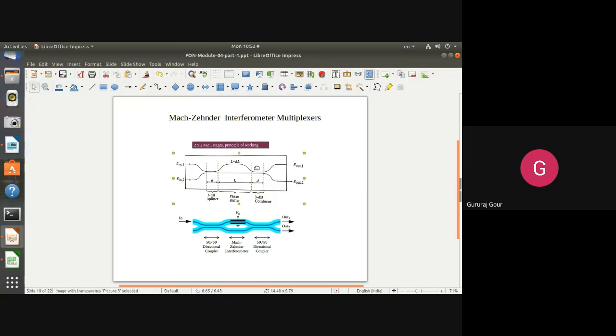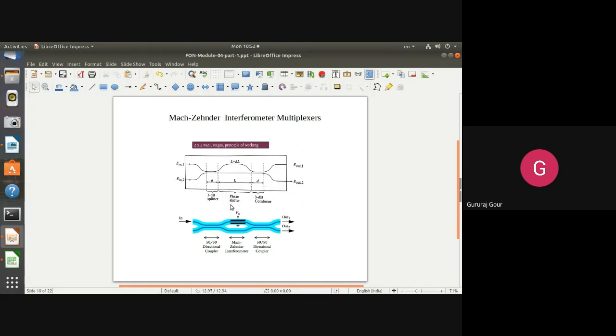This figure: how many input ports and output ports it has got, how many rays are entering this particular device, what are their corresponding lengths, and what are the three different portions of this 2 by 2 multiplexer.